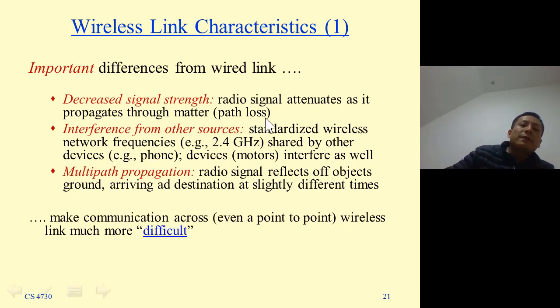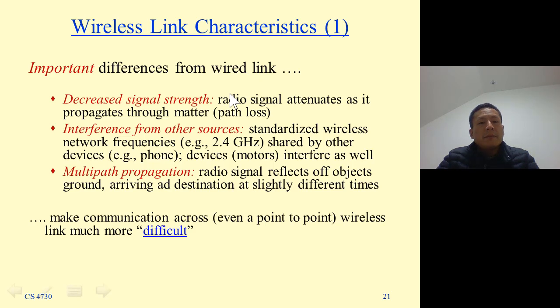Which means the further away you are from the base station, the more difficult it is to get the signal strength, right? Which is quite different from the wired link, right?